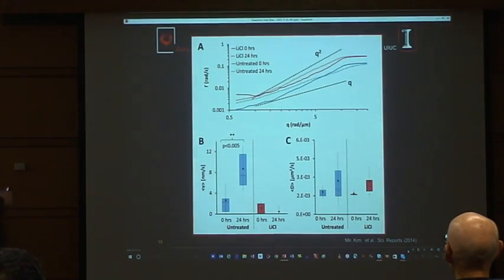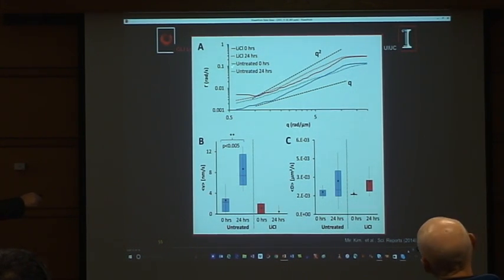And then I think the most interesting part is in the dynamics. So we did that dispersion relation thing, the Q versus Q squared. Let's look at the untreated cells, so forget the treated cells for now. Untreated cells at t equals 0, this is the continuous line. These are log-log plots, by the way. So it's almost perfectly parallel to Q squared.